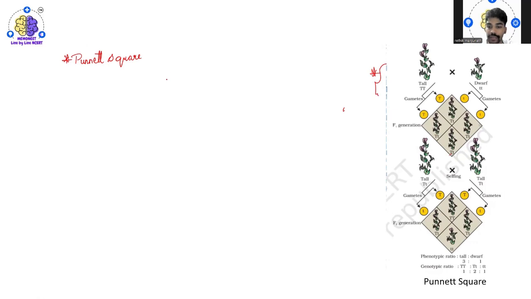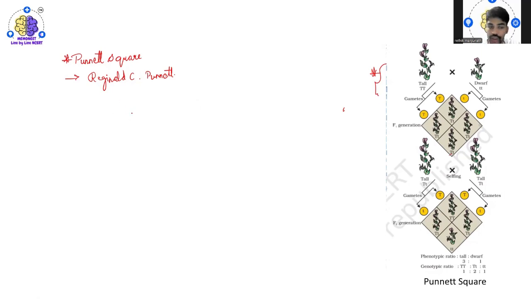It was developed by a British geneticist, Reginald C. Punnett, so the name came like Punnett. It is a graphical representation to calculate the probability of the possible genotypes of the offspring in a genetic cross. The possible gametes are written on two sides, usually the top and the left column.